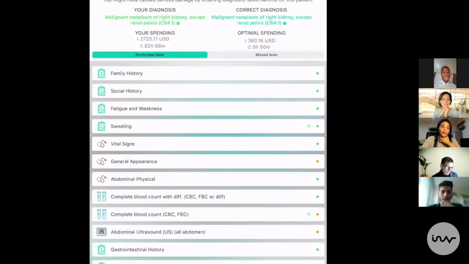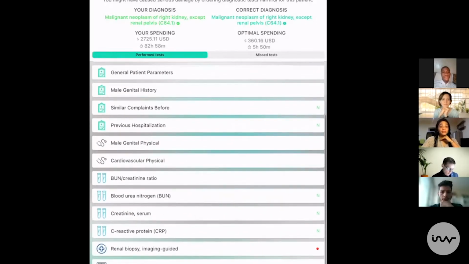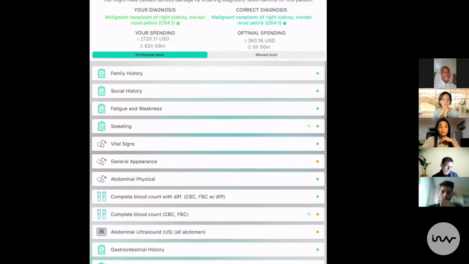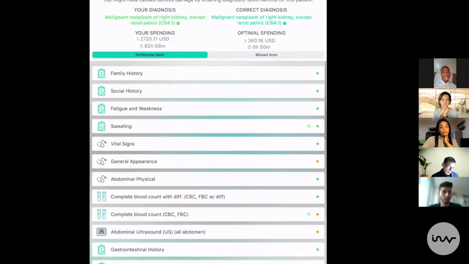Here you can see the tests which we performed, and on the right you can see InSimu's evaluation of whether the performed test was correct and in line with the evaluation process of the algorithm. You can see that most of the tests we have chosen got a green point saying that that's part of the suggested algorithm to investigate a patient.